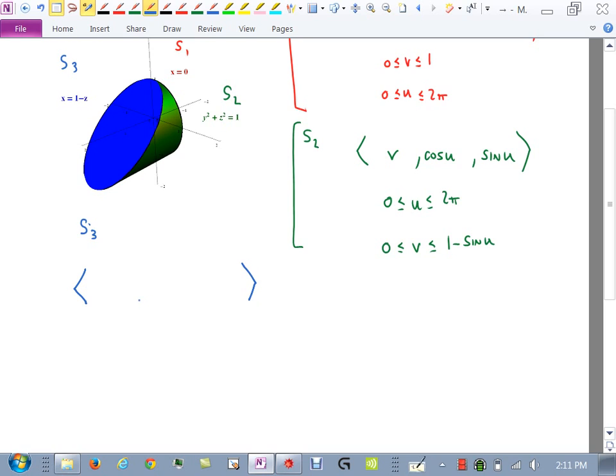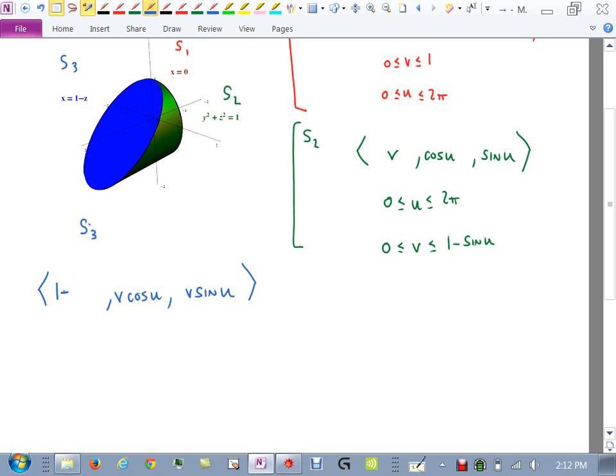So which coordinates are going to be the circle parts? My y and z, right? So v cosine u, v sine u. My x-coordinate needs to come out towards me. My x is what? 1 minus z.